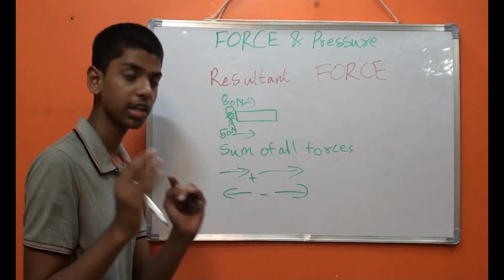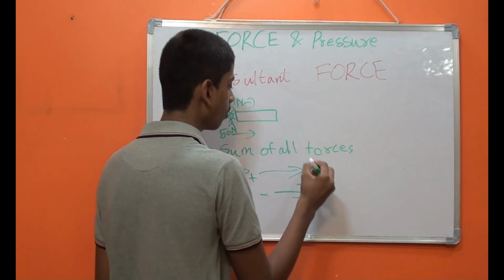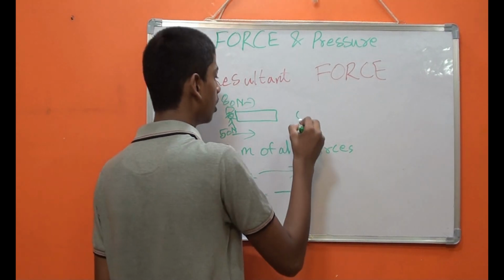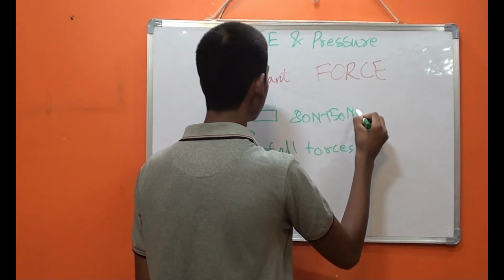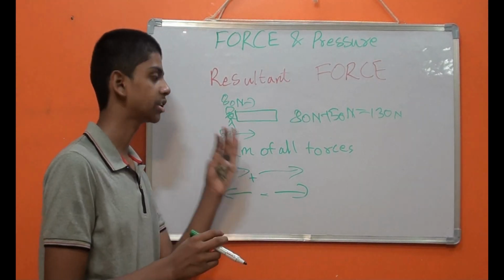You both are applying the force in the same direction, so you add both forces. Then you would get 80 Newton plus 50 Newton, which equals 130 Newton. Now let's see our next topic.